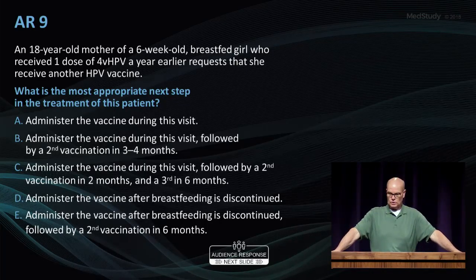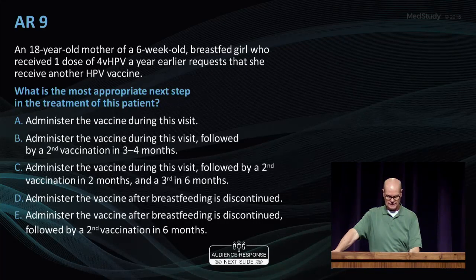Give the vaccine only after she discontinues breastfeeding. And again, give the vaccine after she discontinues breastfeeding, followed by a second one. So how do you deal with an interrupted schedule of HPV vaccines, and can you or can you not give it when breastfeeding is occurring?